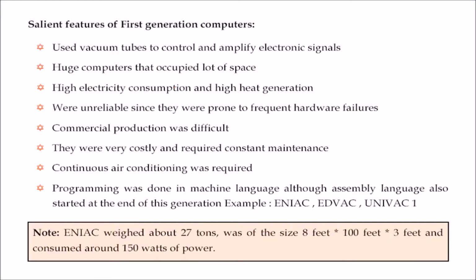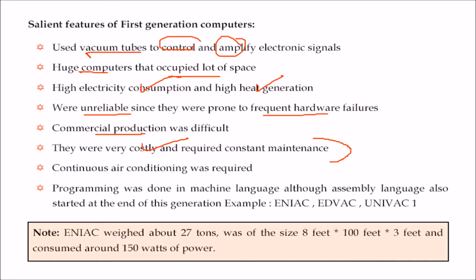The salient features of first generation computers: they used vacuum tubes to control and amplify electronic signals, and they were very huge. They occupied a lot of space. The electricity consumption was quite high and the heat generation was immense. Because the hardware technology was not that developed, it was quite unreliable. Commercial production was quite difficult and very costly, and it needed constant maintenance.